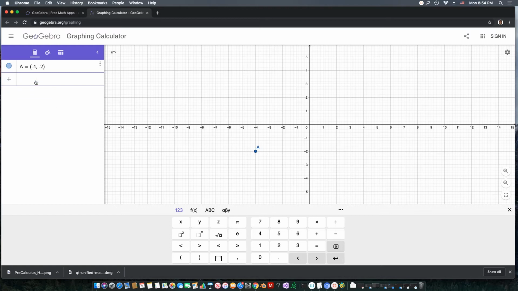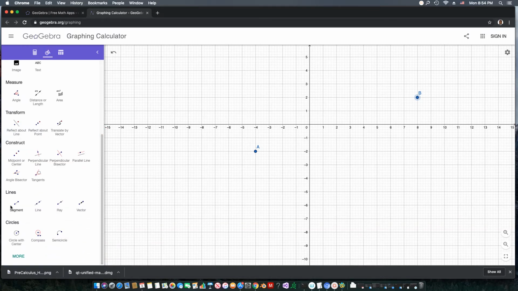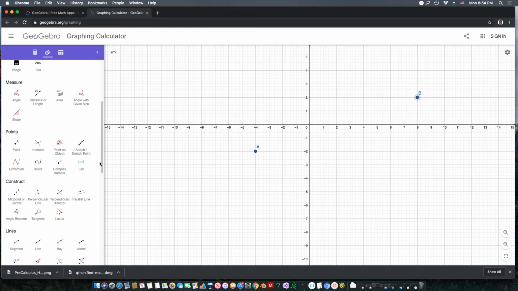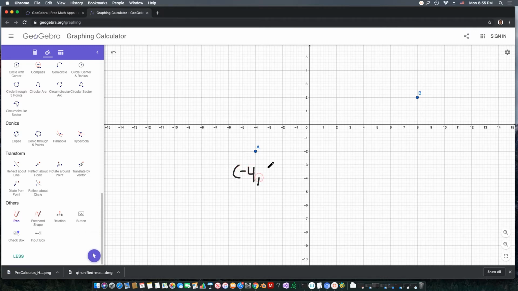Let's go ahead and put the next point in, and we have 8 and 2, and it's right here. So this represents -4 and -2, and this coordinate represents 8 and 2.